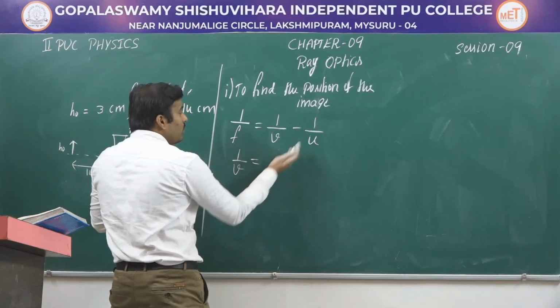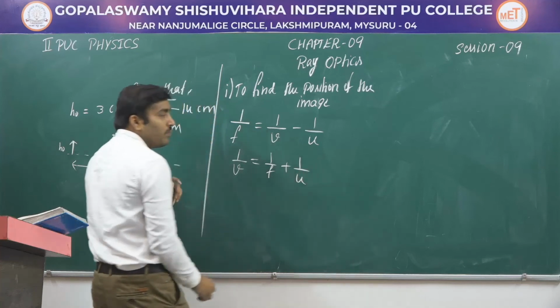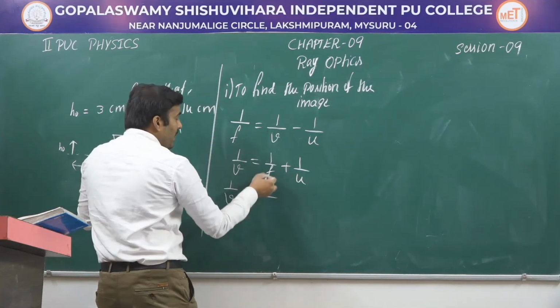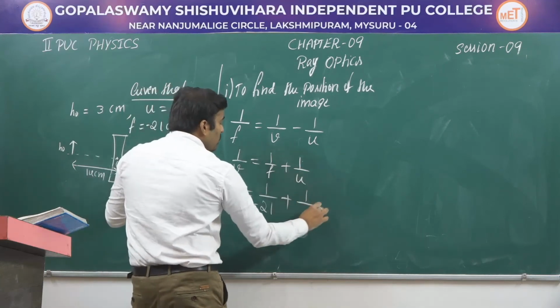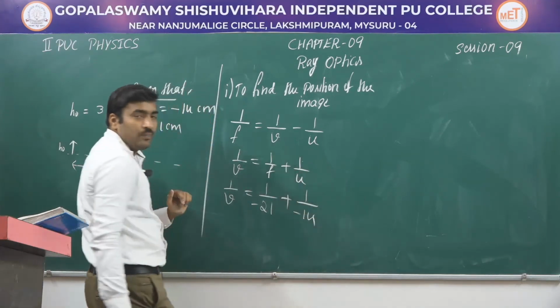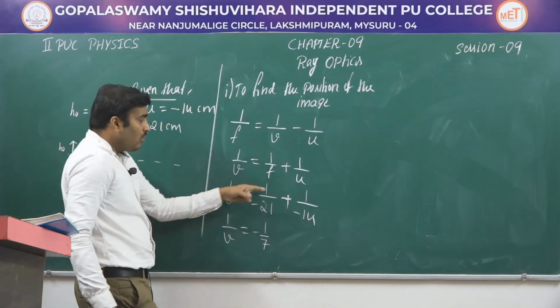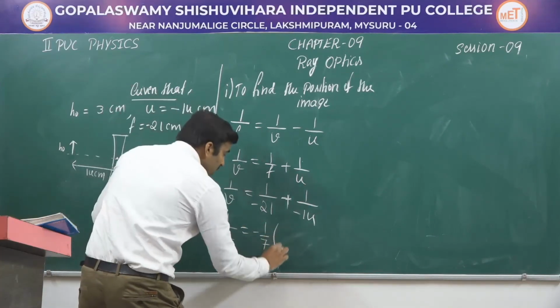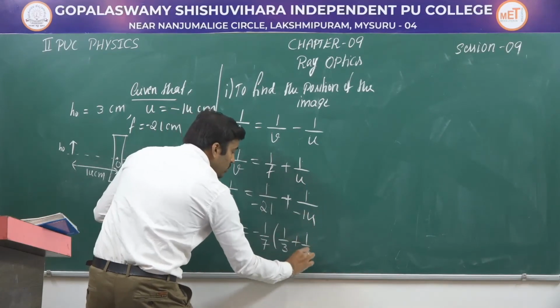1 by v will be equal to, this comes to here, so 1 by f plus 1 by u. This is 1 by v is equal to 1 by f, f is minus 21 plus 1 by u, u is minus 14. So here you can take minus of 1 by 7 common, correct? Minus of 1 by 7 is taken outside. So what remains here is 1 by 3 plus here 1 by 2, correct?